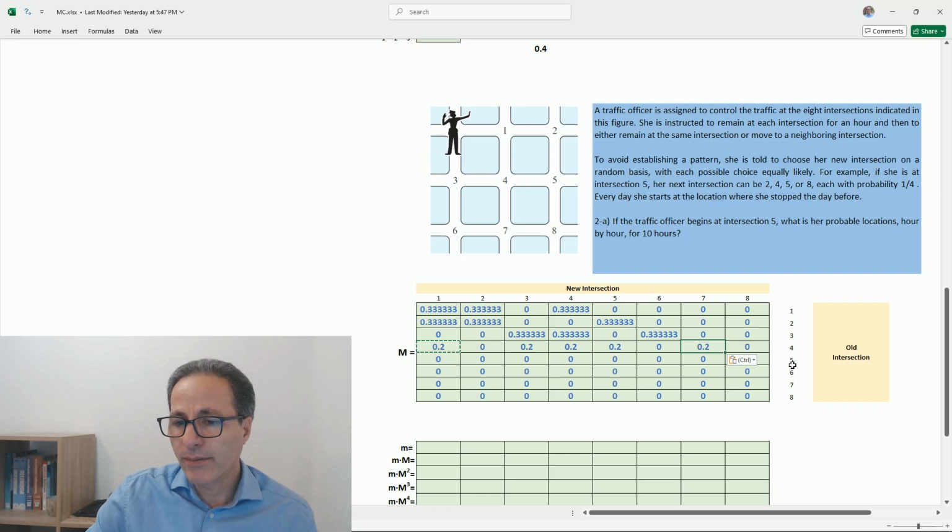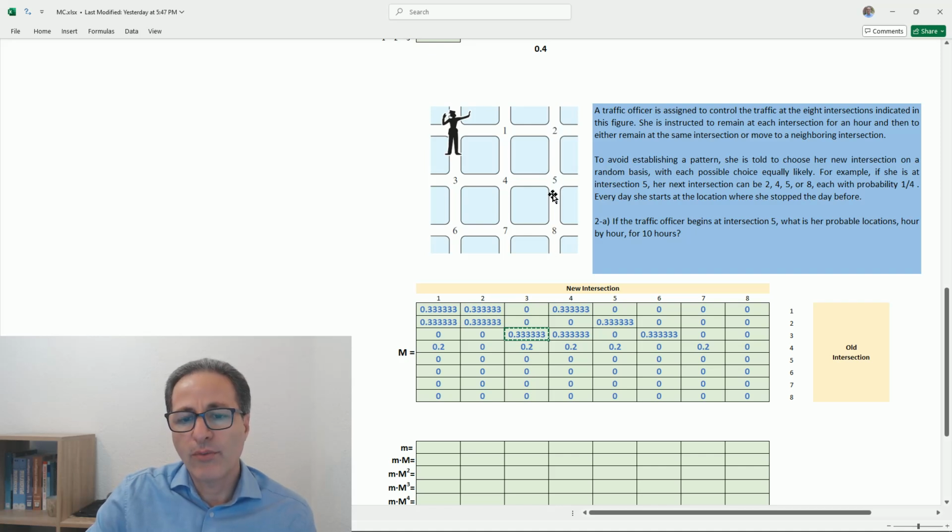If she is at vertex 5, she had again 3 choices to go to 2, 4, and 8. So 2, 4, and 8, so they are 1/3. So from 5, no, from 5 we have 4 possibilities. From 5 she can go to 2, 8, 4, or stay at 5.